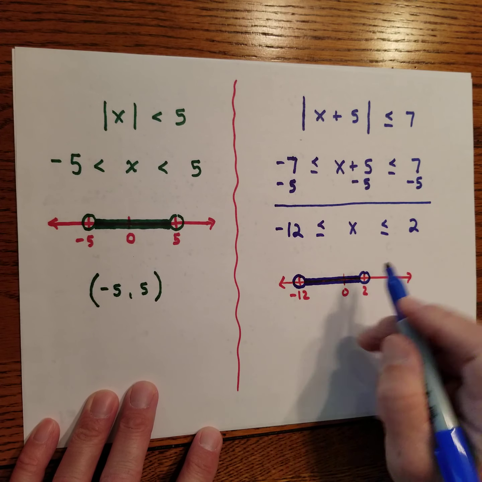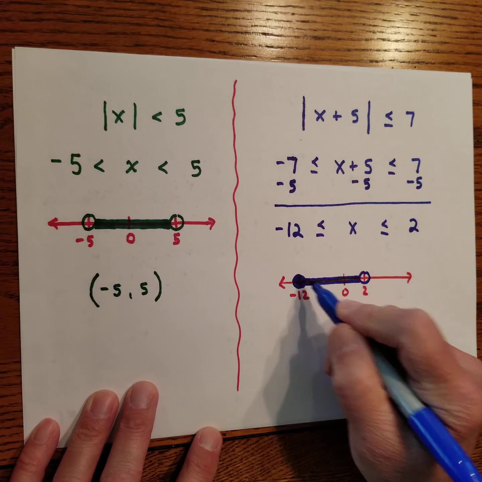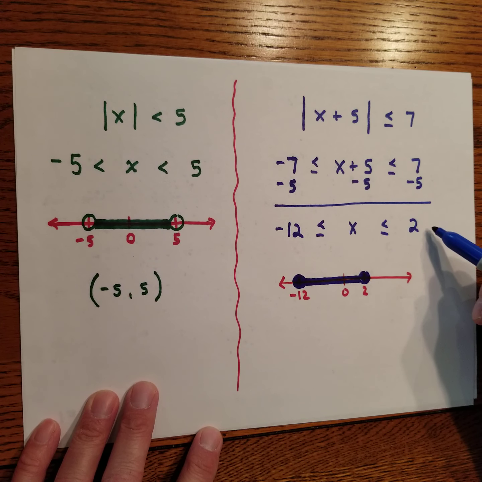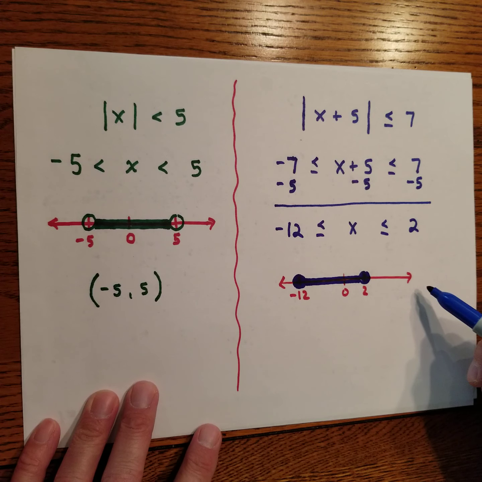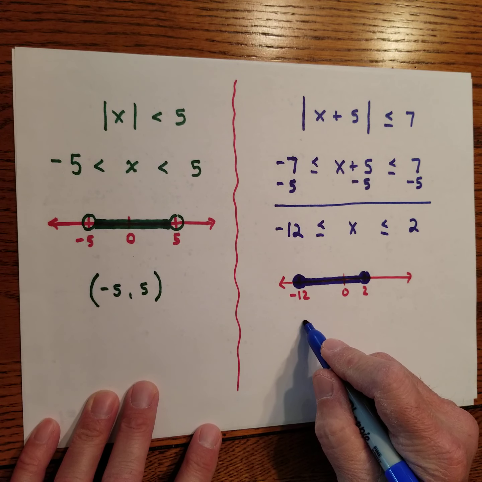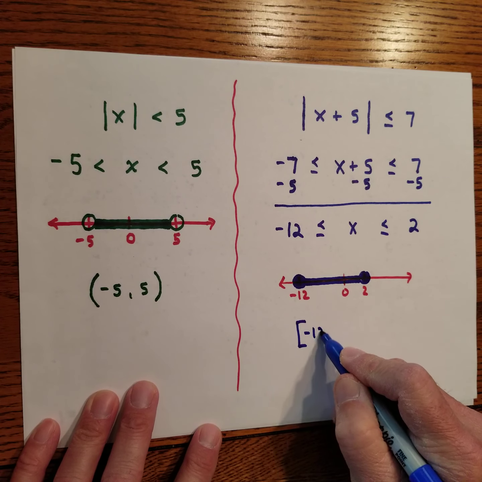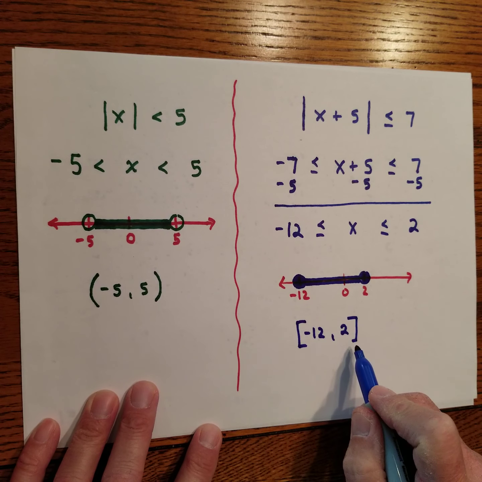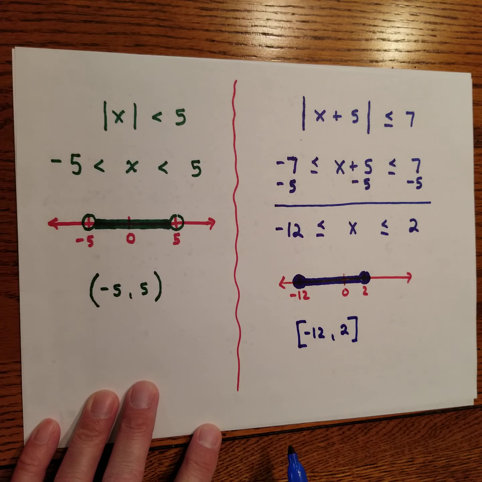And since I've got equal bars, we'll color in those dots. There's my solve. There's my graph. Now for my interval notation, I've covered up everything from negative 12 to positive 2. The strong brackets show that I want the negative 12 and I want the positive 2.